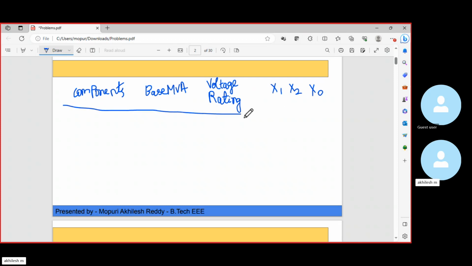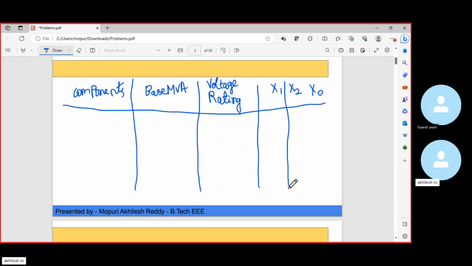Coming to the values, what are all the components available in the single line diagram? We have two generators, two transformers, and three line impedances between 1 and 2, 2 and 3, and 1 and 3. First component, generator 1. Given that the base MVA of generator 1 is 100 MVA and the kV rating is 20 kV.